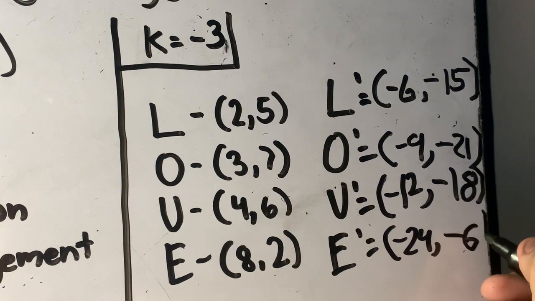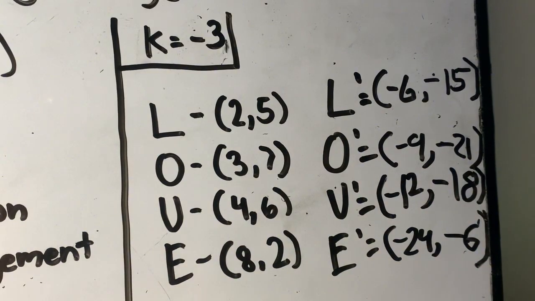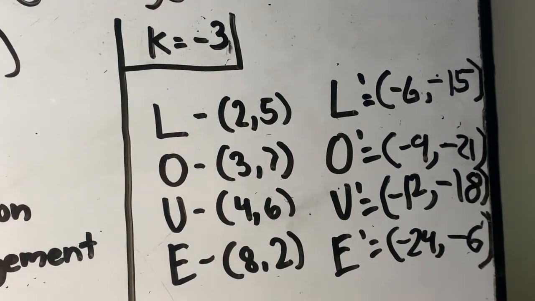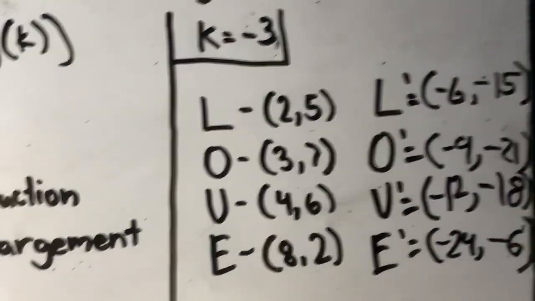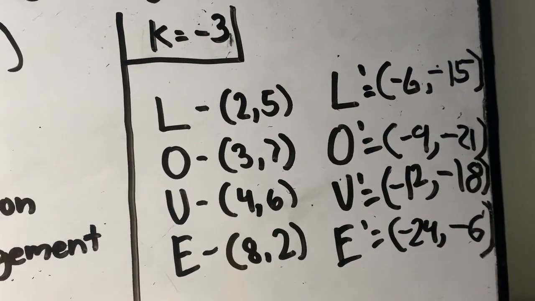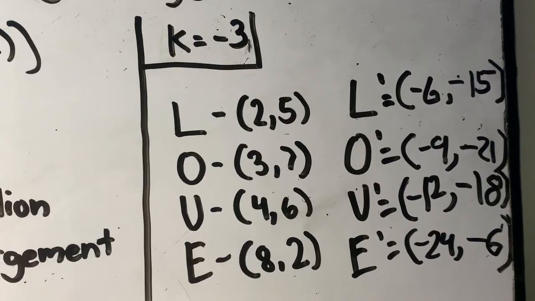If you put this in the Cartesian plane, you'll see if it shrunk or grew. Since K is negative, it will have to be reduction. So this has to be a small box. Y'all did very well for your first time here.